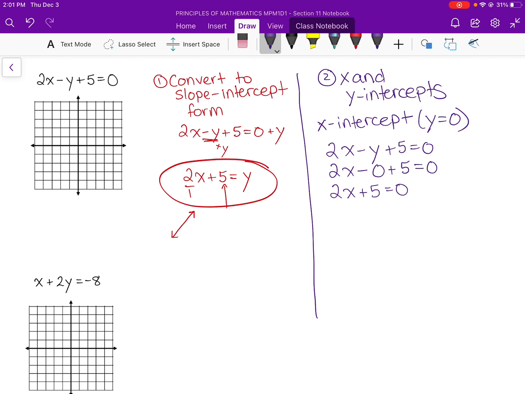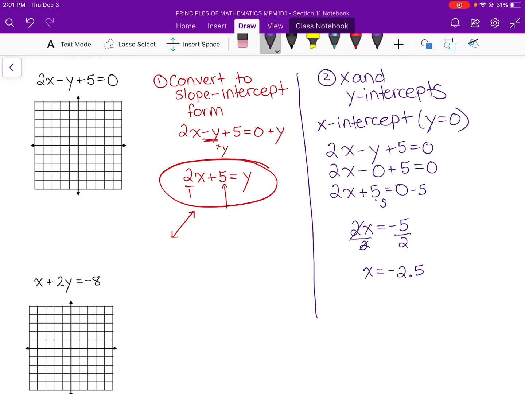Let's get rid of the 5, so we subtract 5 from both sides. We get 2x equals negative 5. And final step, divide by 2. So we get x equals negative 5 over 2, or negative 2.5.